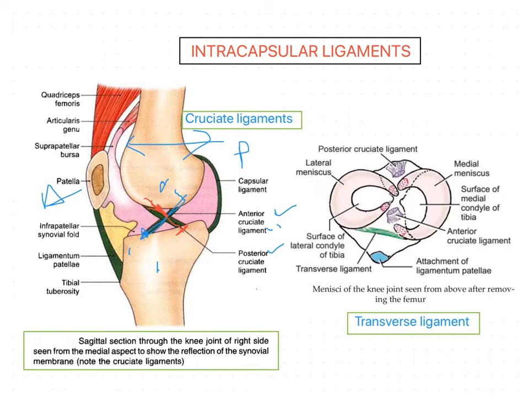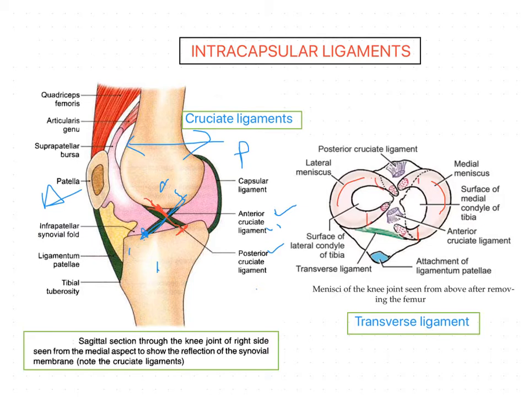Now we will see the transverse ligament. There are two semilunar cartilages present on the tibial condyles, called the lateral meniscus and the medial meniscus, and these also have anterior horns and posterior horns.